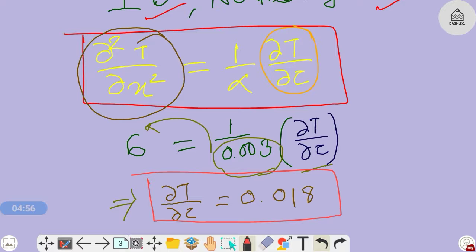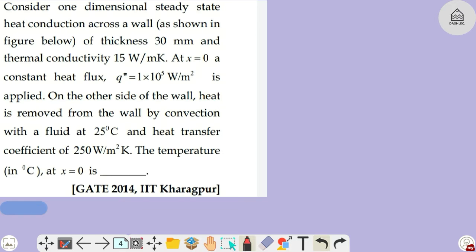Okay, here is the next question. Consider one dimensional steady state heat conduction across a wall. I will draw the figure, of thickness 30 mm, thermal conductivity of 15 watt per meter Kelvin. At x equal to 0, a constant heat flux q double dash equal to 1 into 10 to the power 5 watt per meter square is applied.